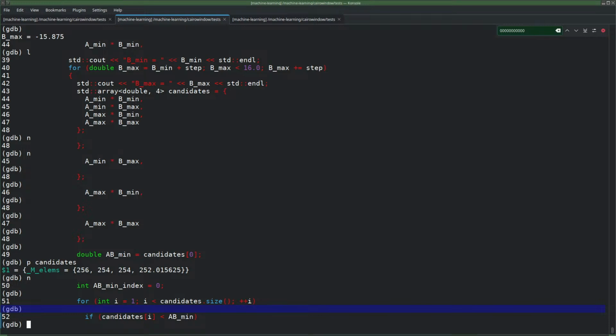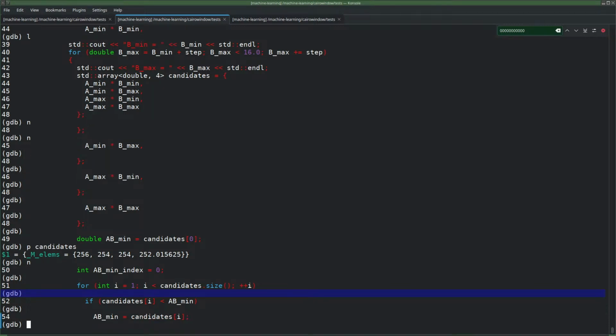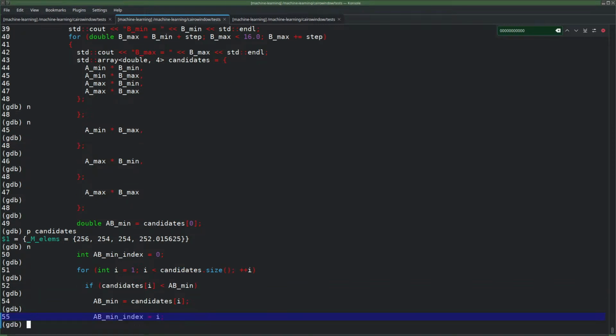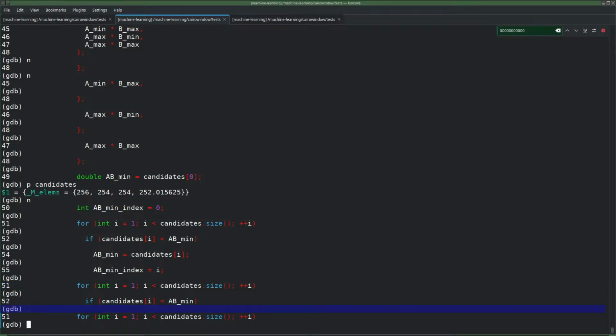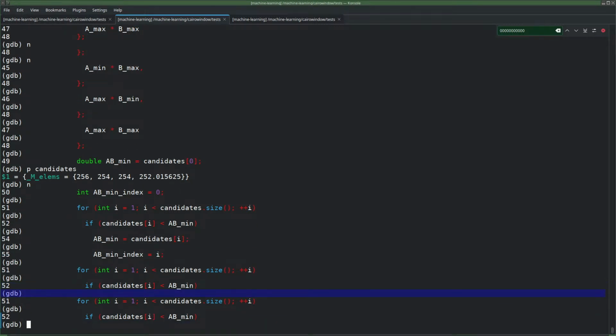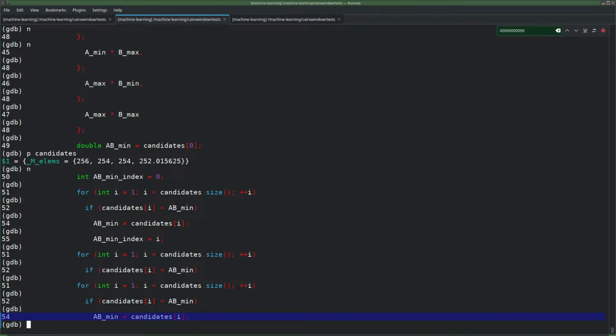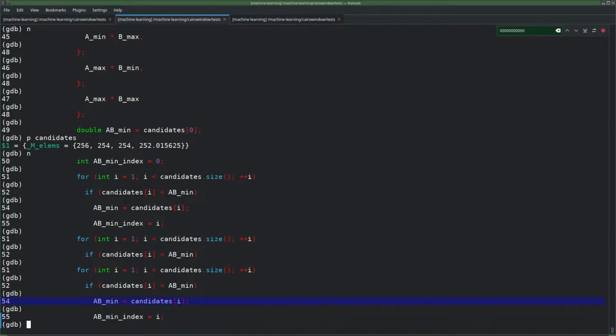If candidate is less than AB min, and it is, AB min becomes candidate I, which is now 254, and the index becomes 1. Then we do the next one. This is not true because 254 equals what we already have. But this is true again. So now we set it to 252, and the index is set to 3.